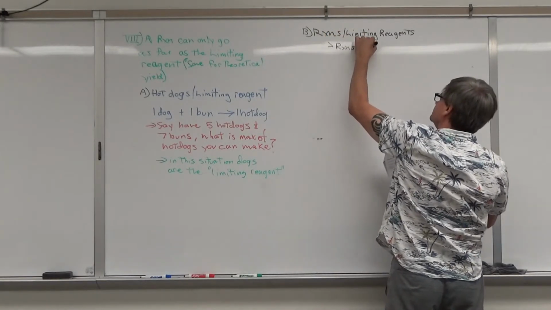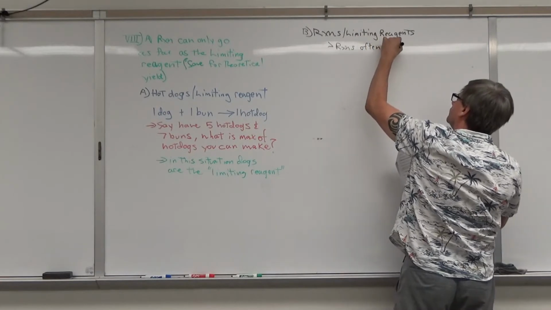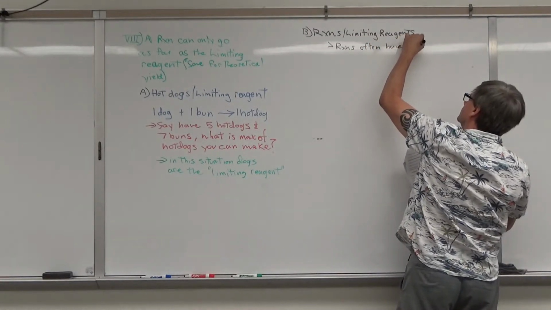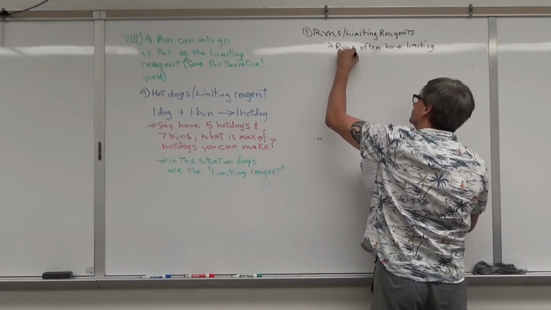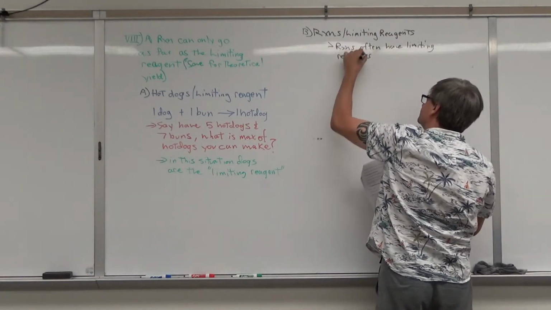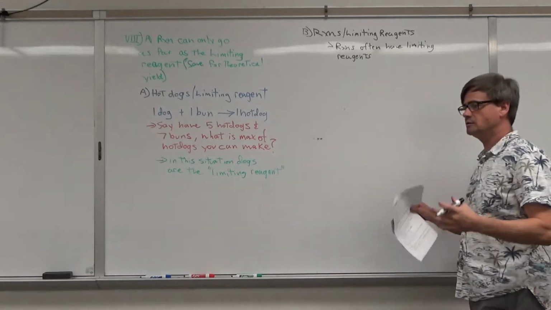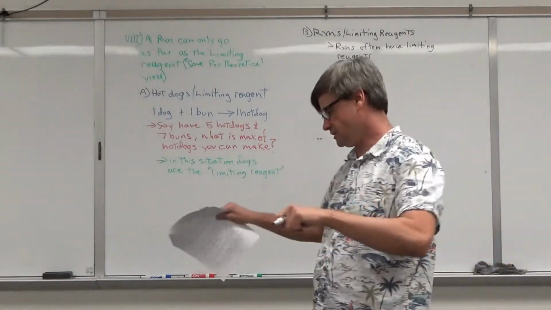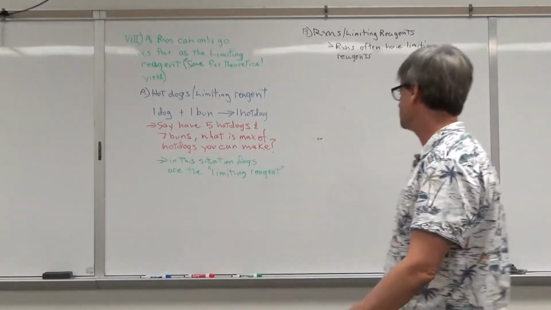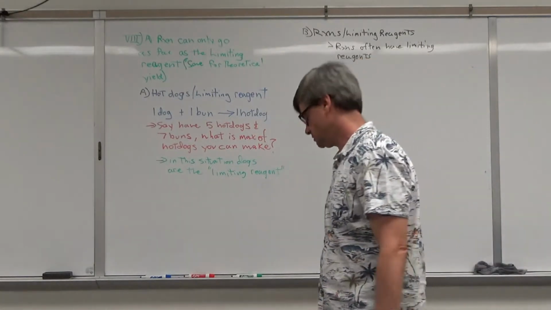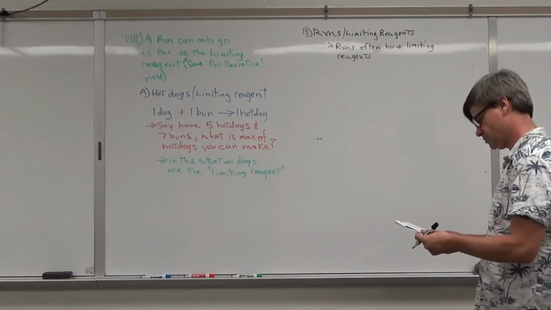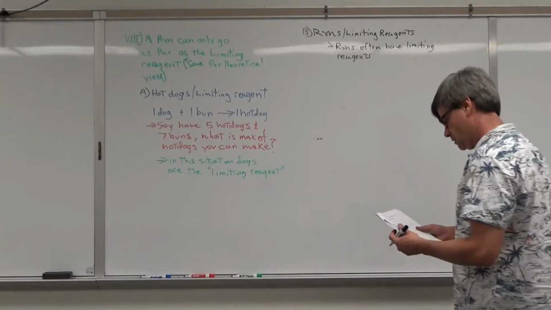Reactions often have limiting reagents. Don't always have to. Sometimes, in the laboratory, we actually try to do the exact quantity that you need of all the reagents. Sometimes there's only one starting material, like in a decomposition reaction, right?